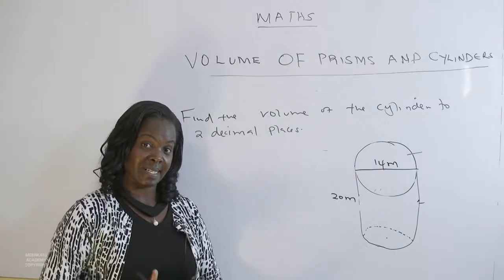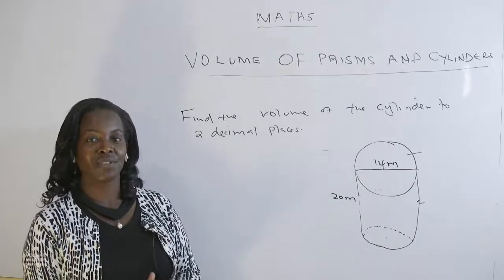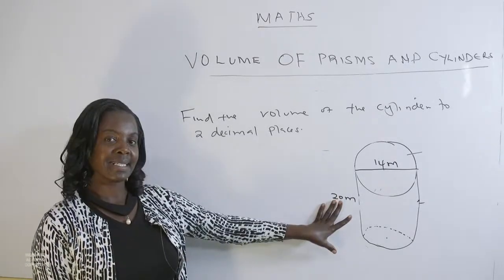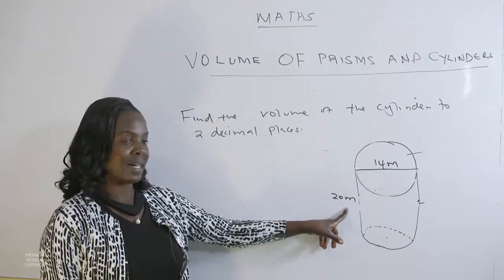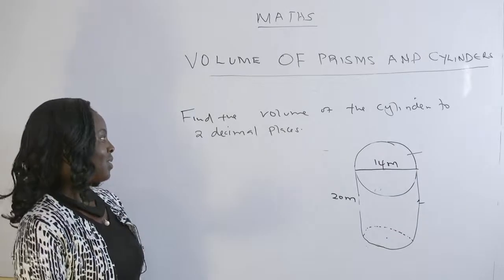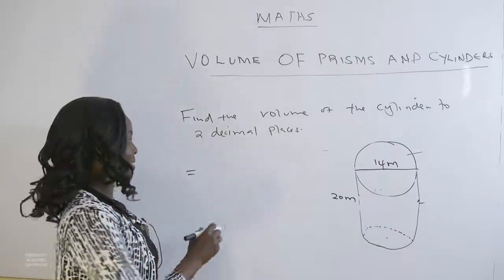Sometimes you are not given the radius, but you are given the diameter. So you are still told to calculate the volume of this cylinder, given the diameter is 14 meters and the length or the height is 20 meters. So how do you go about it? The first thing, you need to find the base area.